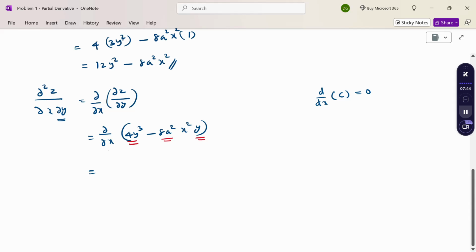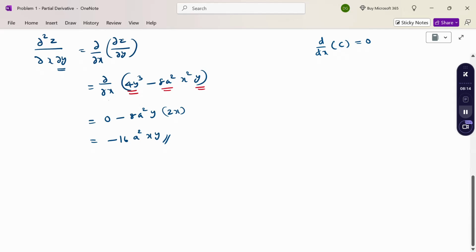Therefore, the whole term's derivative with respect to x is 0, because all the values are constant. Minus, when the constant is a product, no changes, keep the value constant. Now 8a²y is constant, x² differentiation is 2x. Therefore, minus 16a²xy. So this is the value for ∂²z/∂x∂y.